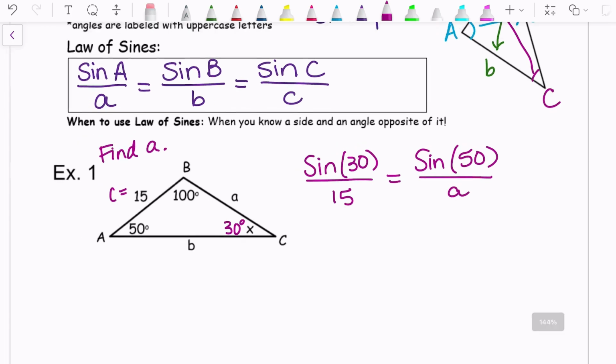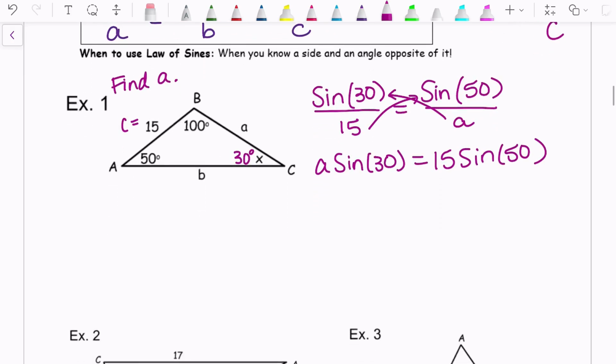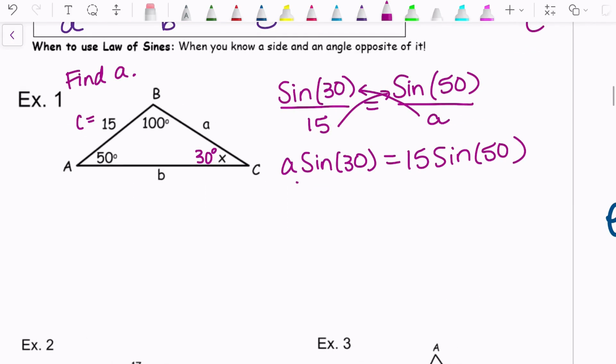And then I'm going to cross multiply. So I would do A times the sine of 30 equals 15 times the sine of 50. And then I am going to get rid of the sine of 30 by dividing by the sine of 30 on both sides because I am multiplying A by the sine of 30.